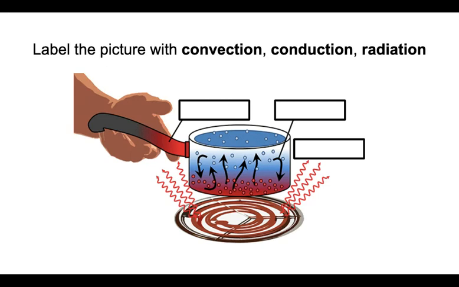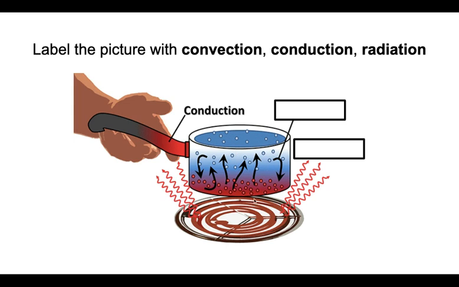Let's see if you can label this picture with convection, conduction, or radiation. This person grabbing the pot handle, red is representing warm, looks like he's going to experience heat transfer through the method of conduction.